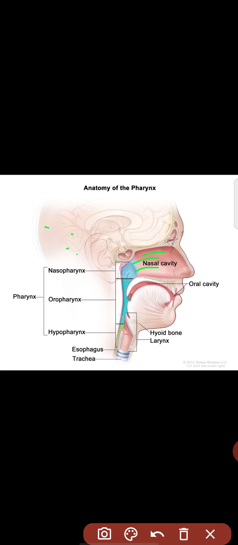Oropharynx is the part of the pharynx that participates in both the respiratory and digestive systems. It participates in the physiology of both digestion and respiration. Oropharynx lies behind the oral cavity, extending from the uvula, that is the part of the soft palate, to the level of the hyoid bone. It extends from the soft palate to the larynx.